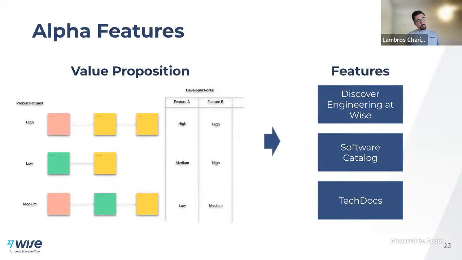Look at Dev Portal, what it provides, what it offers, what you could build. Shortlist features, and then map them against those journeys and think about where is the highest overlap, and where is the biggest impact. Then you can pick those features based on that. In our case, we picked 3 features for the alpha scope.